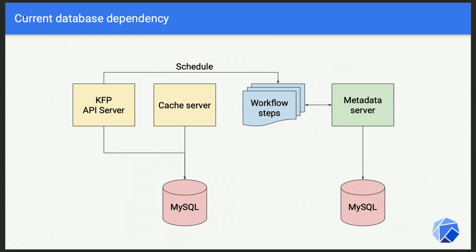The metadata server also has a list of database options, for example SQLite and MySQL. In our case, we chose MySQL for the metadata server database. This is what we are trying to replace, or provide an alternative for, at the database layer.